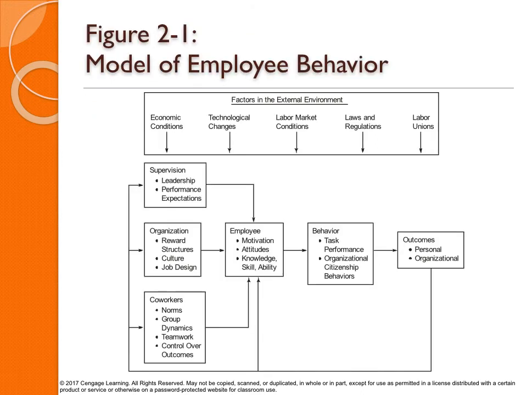So here's a good model of employee behavior. And we're going to talk about many of these things in this particular chapter here, right? So you've got your external environment and you've got the internal world of the organization itself.